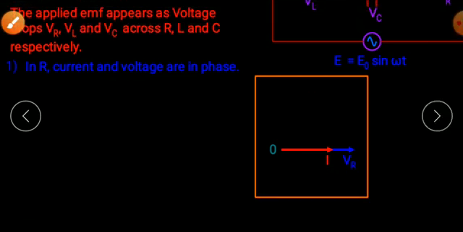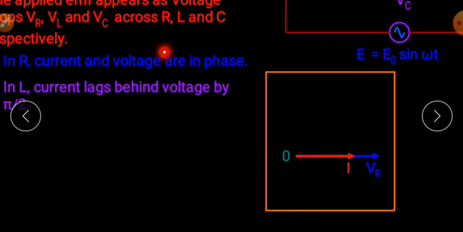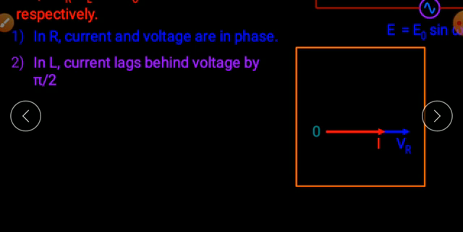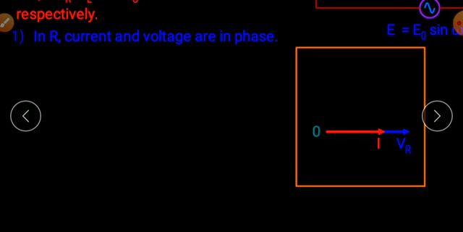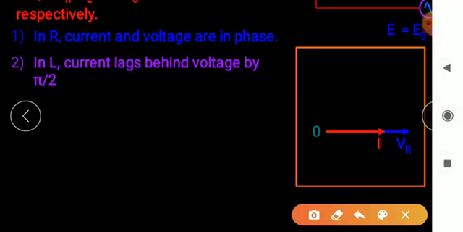And in L, current lags behind voltage by pi by 2. So the maximum voltage across L is given by VL, VL equal to I naught XL.